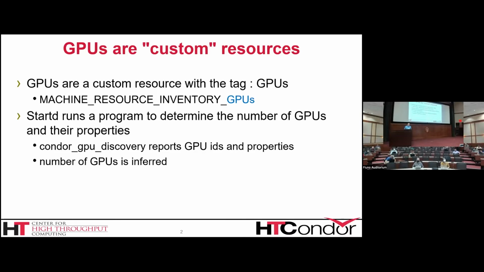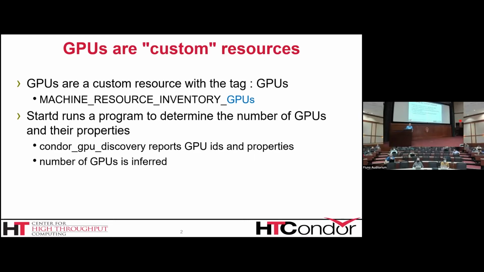We wanted to solve this in a way that would allow administrators to make new kinds of custom resources beyond just GPUs. So we added a couple of configuration knobs, one for custom resources that are just a quantity like memory, where you just need to specify how much of that exists. And the other, more interesting one, where the custom resource is a set of identifiers.